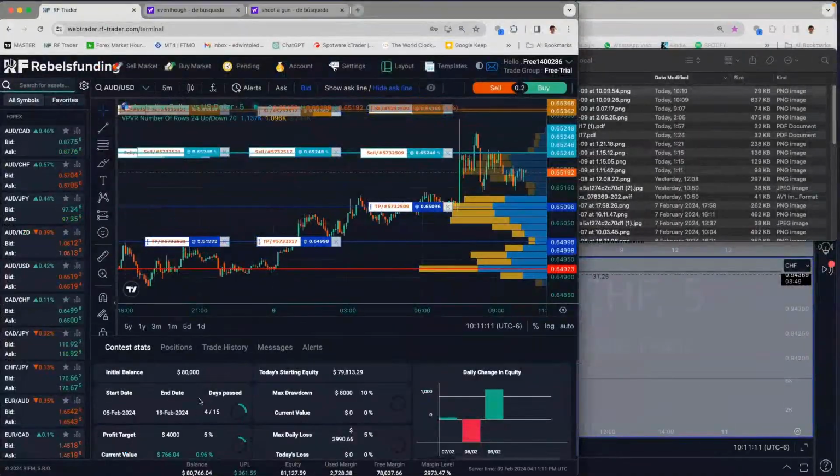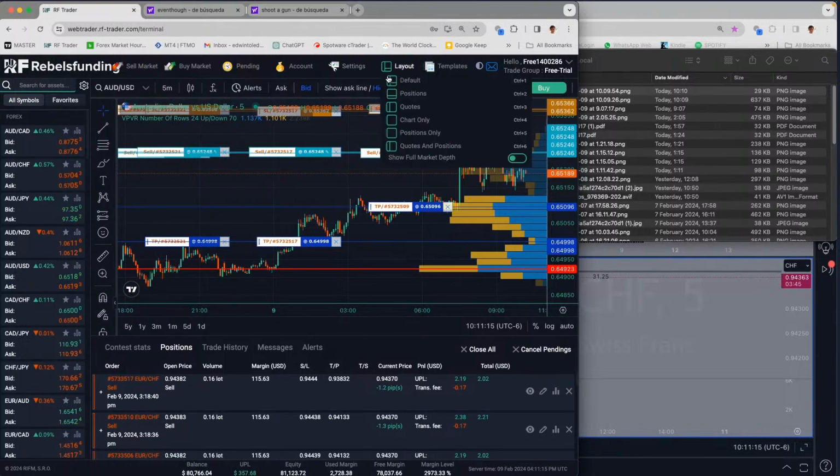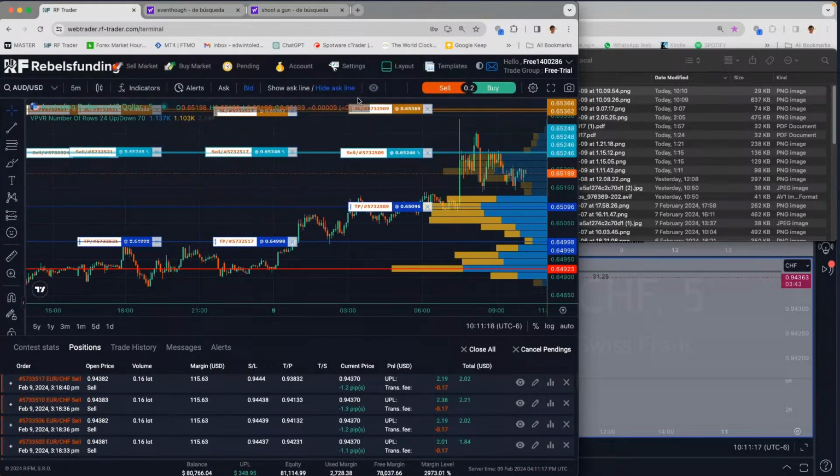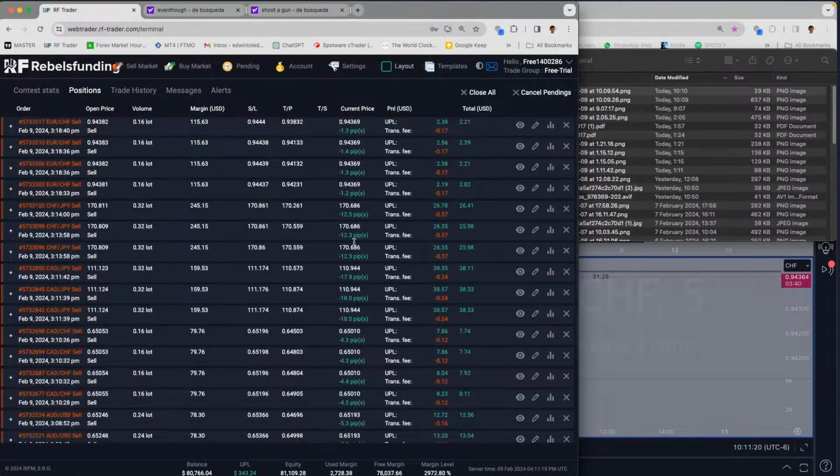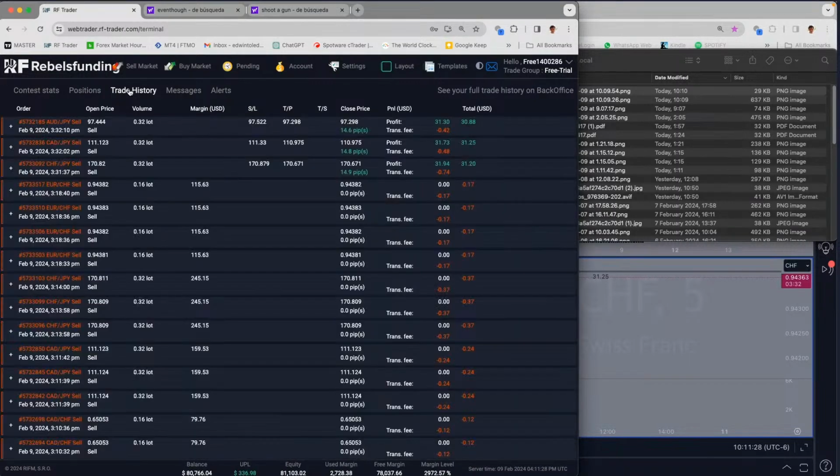Here's CHF. Positions only. Yes, here's CHF. Okay, nothing else has hit TP1. So when something hits TP1, we protect 50% of the loss.